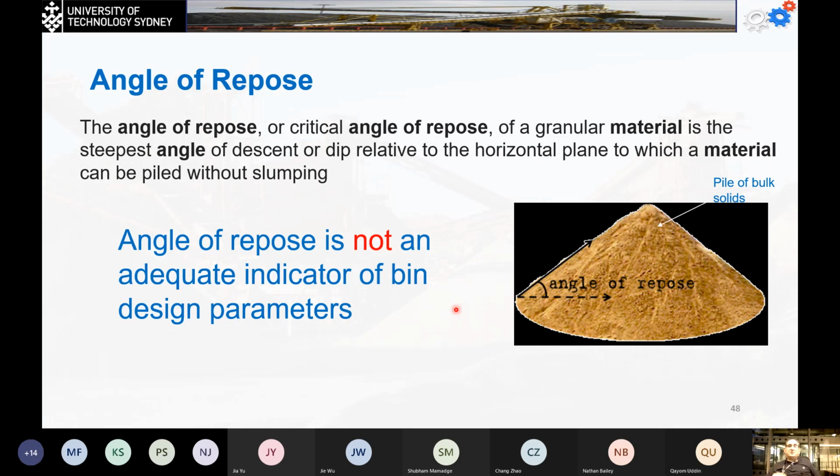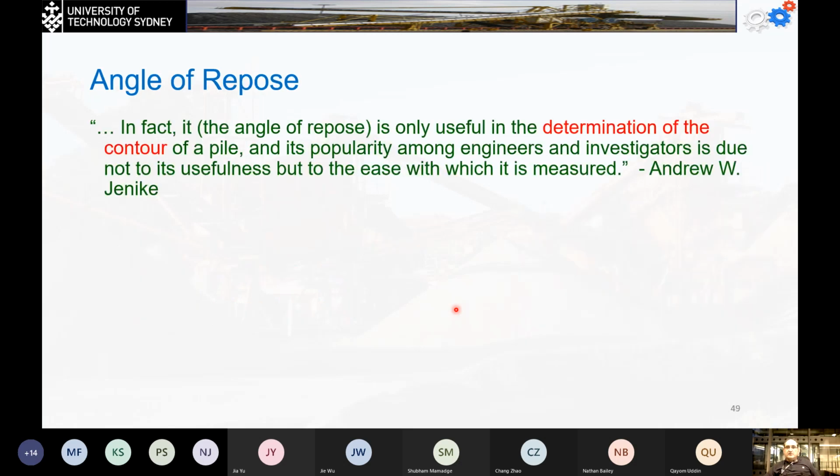The other parameter is what we mentioned earlier. The angle of repose is only useful for the determination of the contour of the pile, and its popularity among engineers and investigators is due not to its usefulness, but to the ease with which it can be measured, and that's what Andrew Jenkins said.